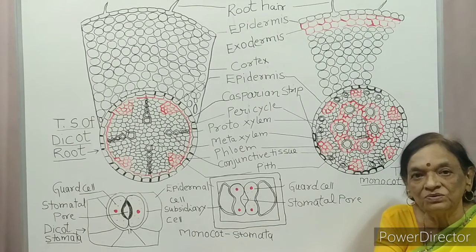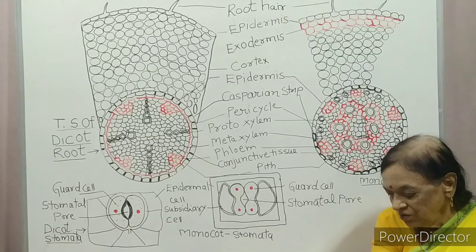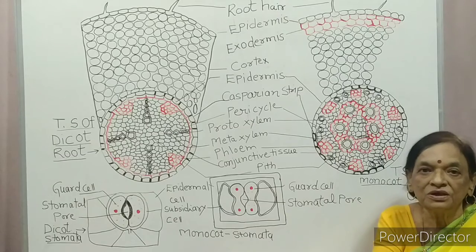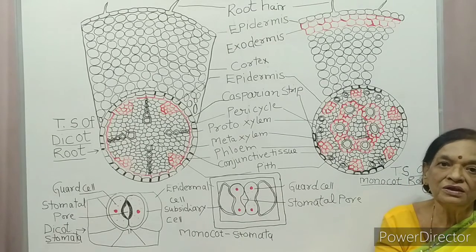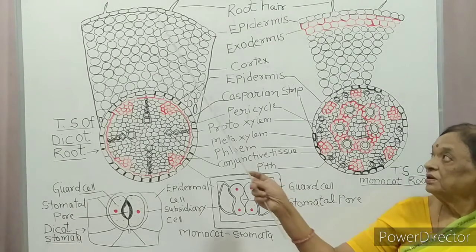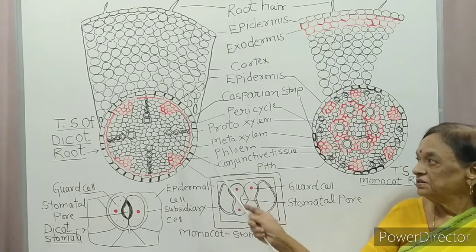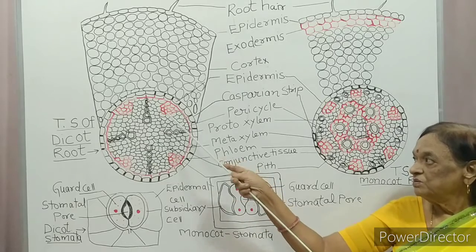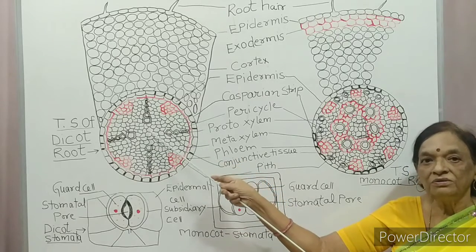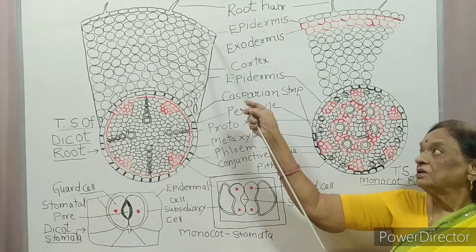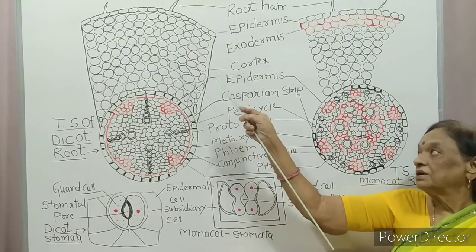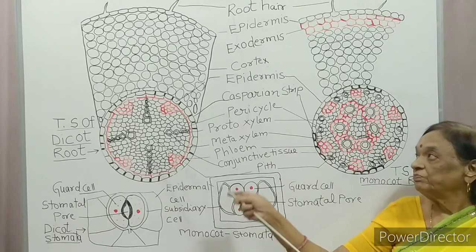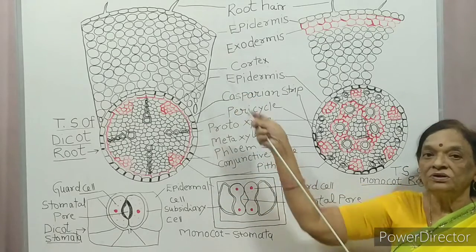Now, second tissue system is ground tissue system. The tissue except epidermis and vascular tissue. This is epidermis. These are the conducting zone. Vascular tissue means xylem and phloem. So, tissue excluding epidermis and vascular tissue is called ground tissue.